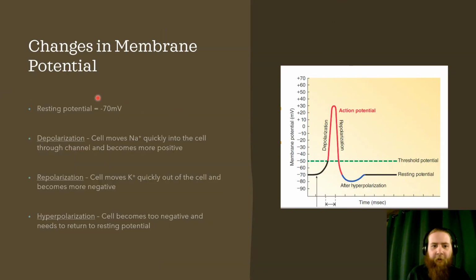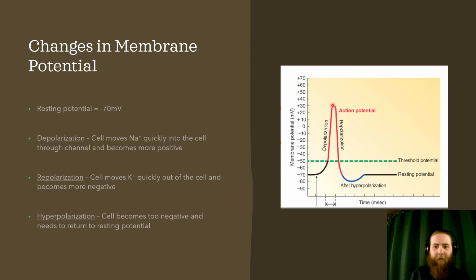So we discussed earlier our resting potential is negative 70 millivolts down here. We are now resting. If we have a depolarization, or we now have a signal, the cell is going to open up that sodium channel, and we're going to get tons of sodium ions in. This is going to raise our voltage up to around positive 30. This is depolarization, a very quick process.